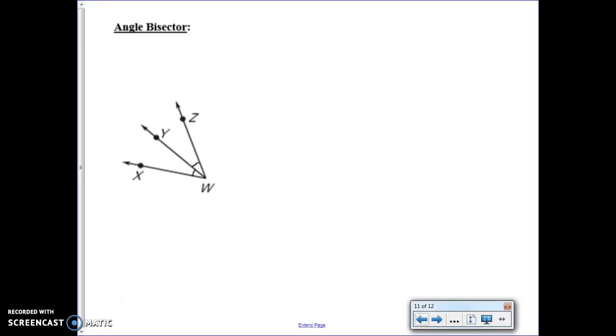Okay, so then we have an angle bisector. An angle bisector is a ray that divides an angle into two angles that are congruent.